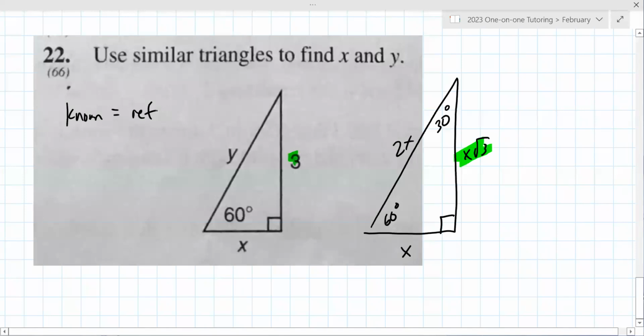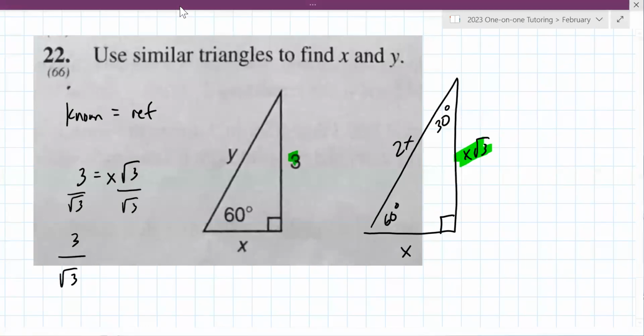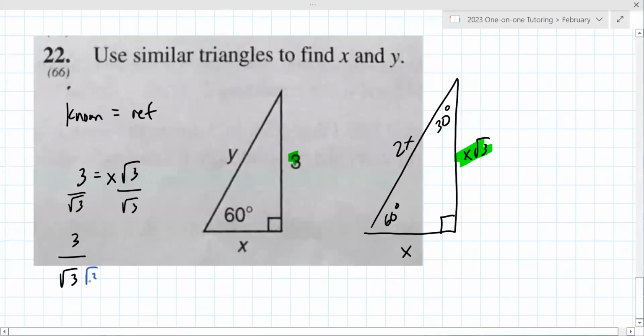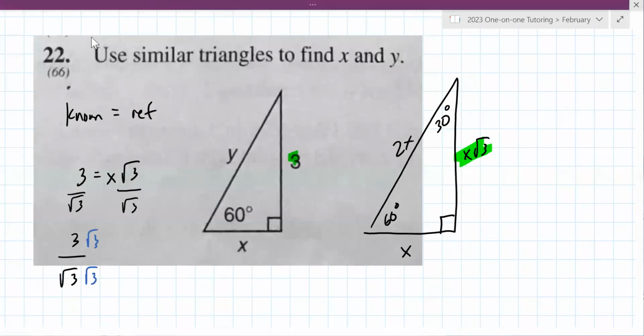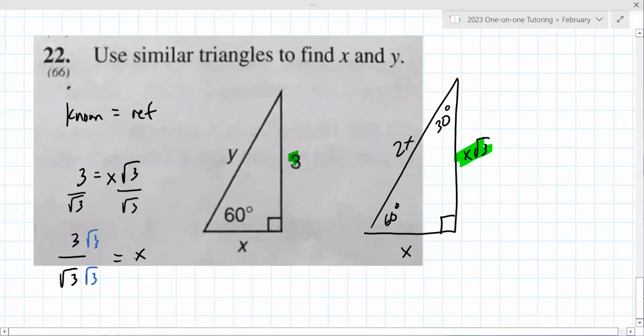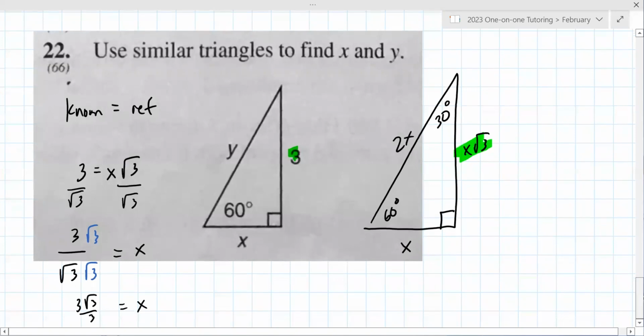So you're literally setting 3 equal to x square root of 3, and you're going to solve for x. To do that, you divide both sides by the square root of 3. On the left, you have to rationalize. You multiply the top and bottom by the square root of 3. So the result is 3 square root 3 over 3, which reduces to the square root of 3.